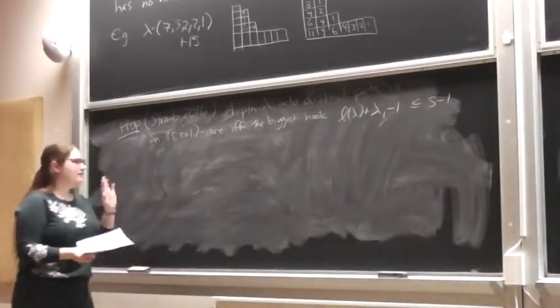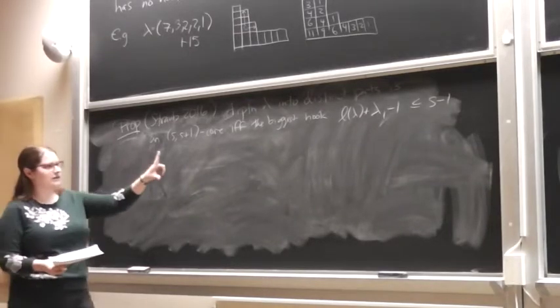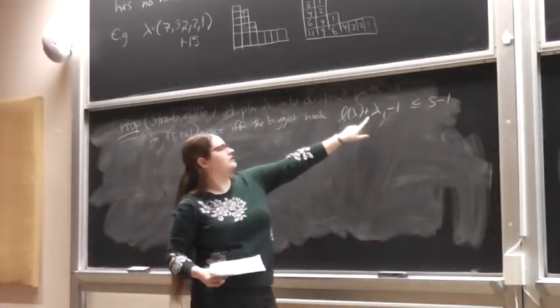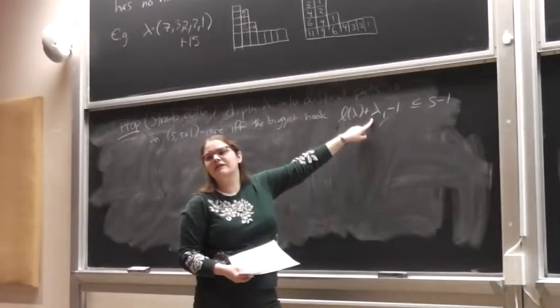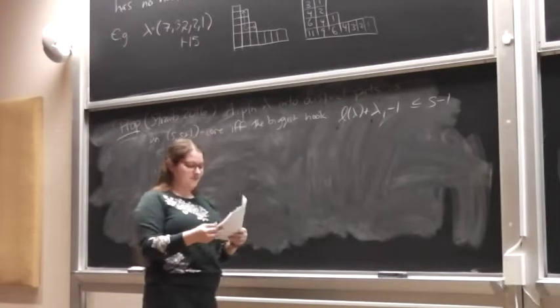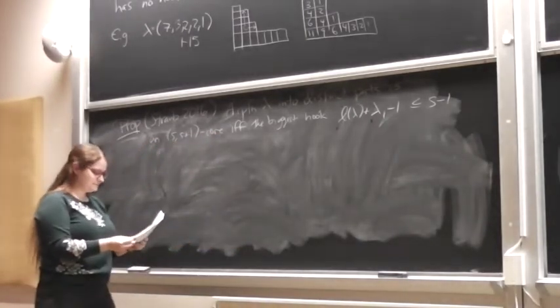Okay. So we can get rid of all of this hook business and just look at the length and the largest part of the partition and get a criteria. So we kind of shortcut all of that weirder combinatoric stuff at the beginning.